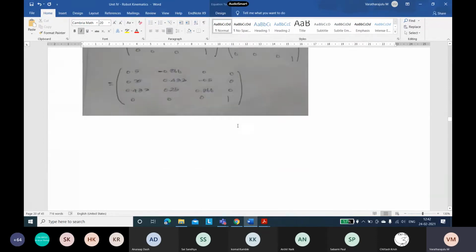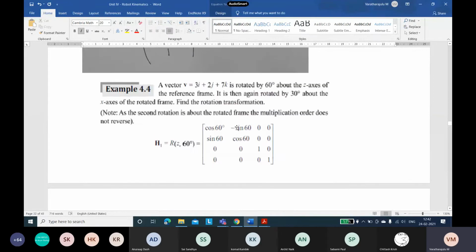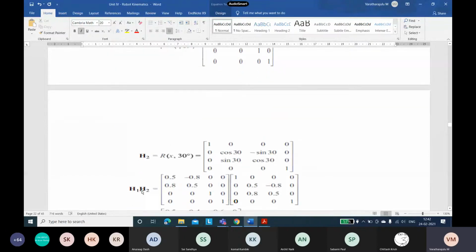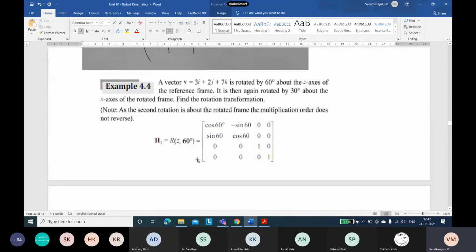Concerning the second problem, see here that there is another problem also available. The 60° about z axis was made with the reference frame, and it is then again rotated about the x-axis from the rotated frame. In this case, we need to multiply with H1 and then H2, matrix multiplication with H1 and H2.